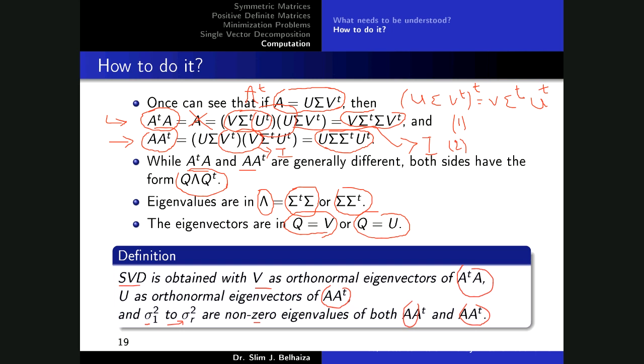So the main idea, yes, Abdulaziz? Doctor, the multiplication sigma by sigma transpose, should it give the identity matrix? No, sigma is a diagonal matrix where the diagonal is composed of these singular values.